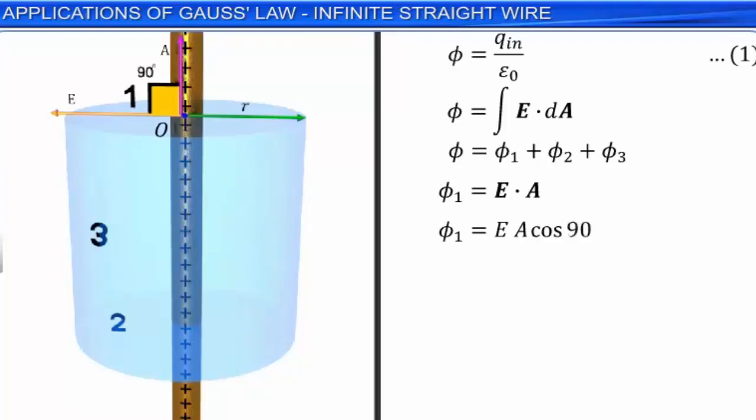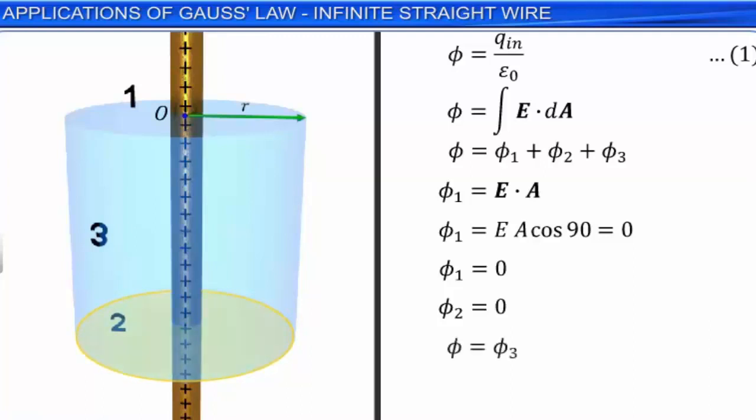Hence, flux phi 1 through this surface is 0. Similarly, the electric field is also perpendicular to surface 2, and hence flux phi 2 through this surface is also 0. Hence, the total electric flux phi is equal to the electric flux phi 3 through surface 3, which is the curved surface of the Gaussian cylinder.